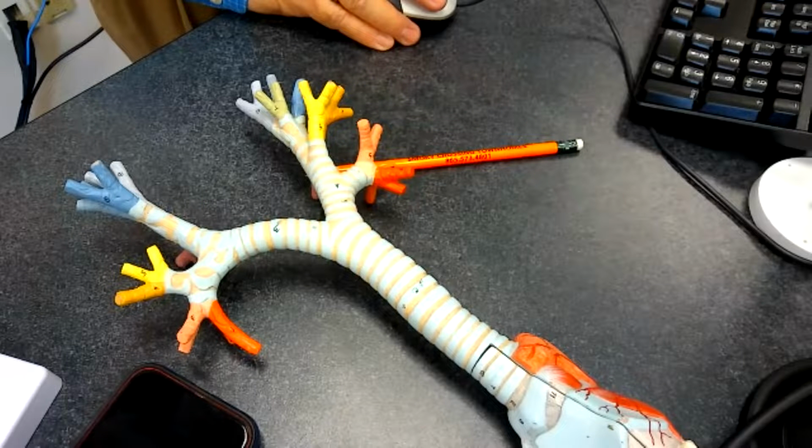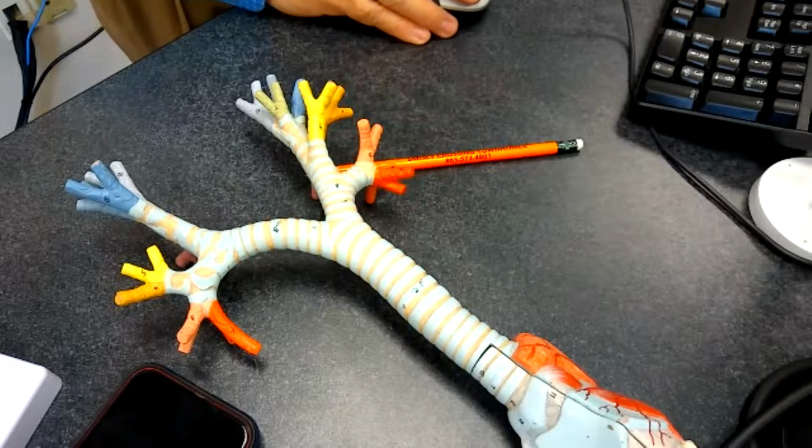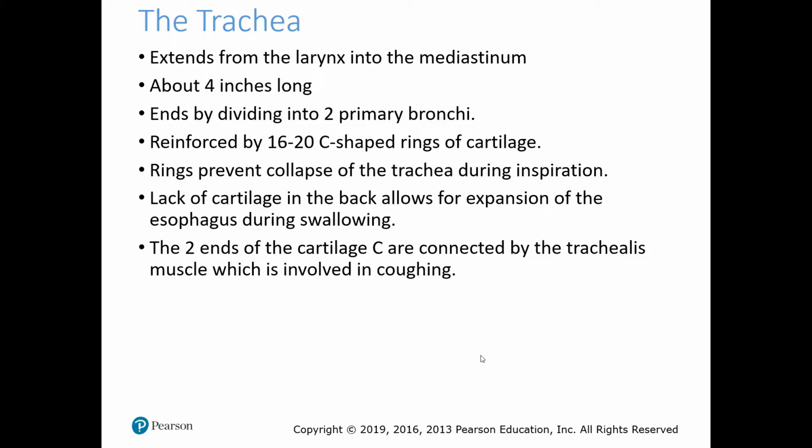There are about 20 rings of cartilage. Because there is no cartilage on the back side, because it's a flat surface, we can allow the esophagus to expand as food goes down through there. The esophagus is normally a flat tube butted up against the trachea. The only time the esophagus is busy is when food's going through it.